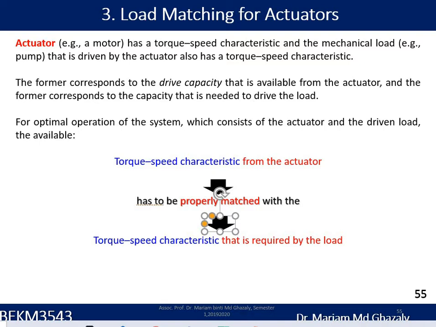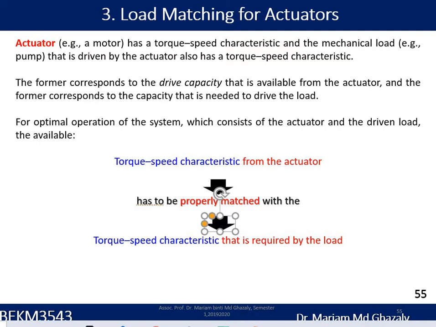And for AC motors, it has quite different torque speed characteristics depending on the type of AC motor, whether it is synchronous or asynchronous. Okay, and the mechanical load itself also has torque speed characteristics.